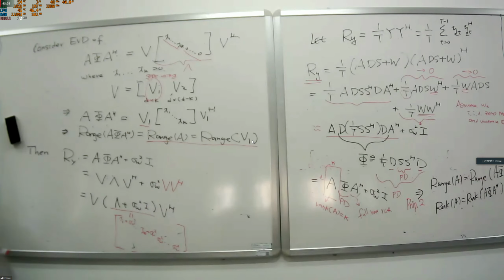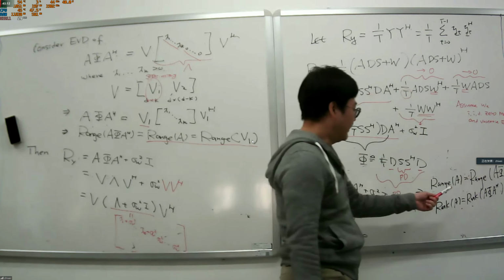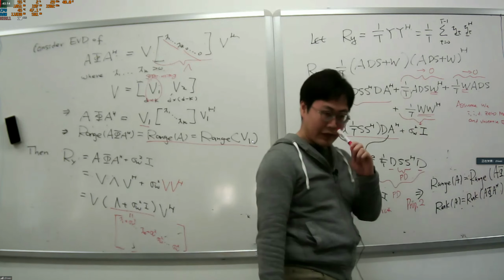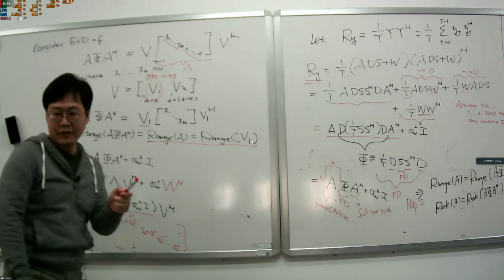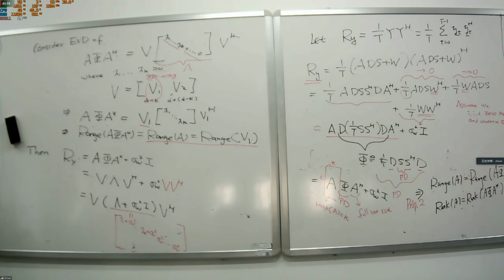Then this gives us a way to find the basis for the range space of A, because we want to know the range space of A, to be able to check whether AZ belongs to the range space of A or not, using this to find Z1 to ZK.